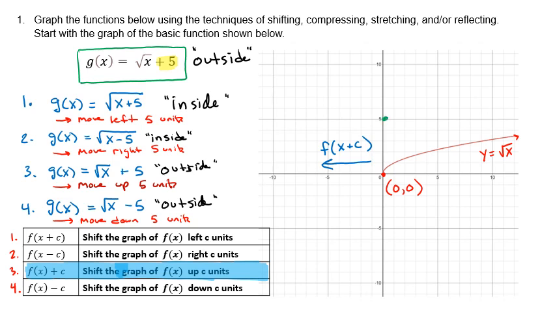So now we've got the point 0, 5. Plus 5 on the outside means the entire graph goes up 5. Move that first point up 5, and the rest of the graph you draw the exact same diagram as in red. So this green graph right here, that's the answer.